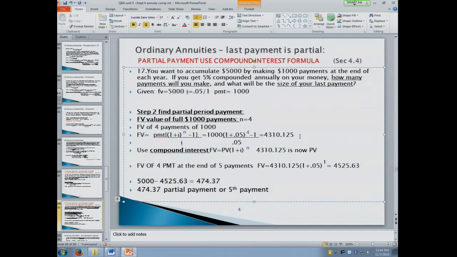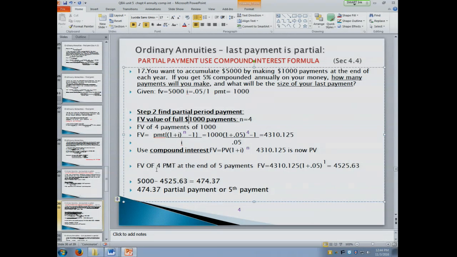Now for that last payment, we use the compound interest formula because there's no annuity involved. So the $4,310.125 is now the present value. But we want to know what it's going to be worth at the end of the fifth payment.